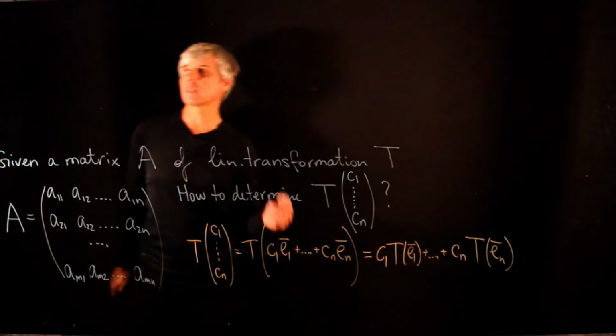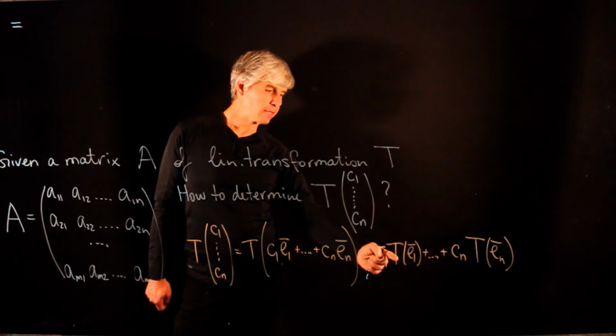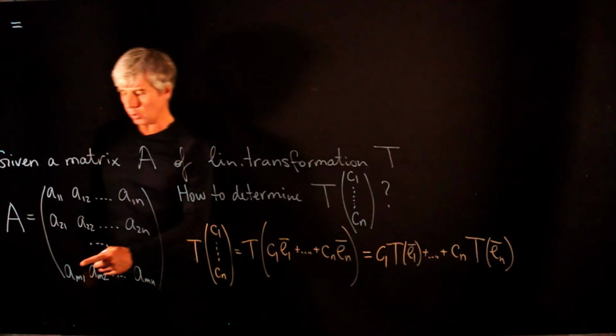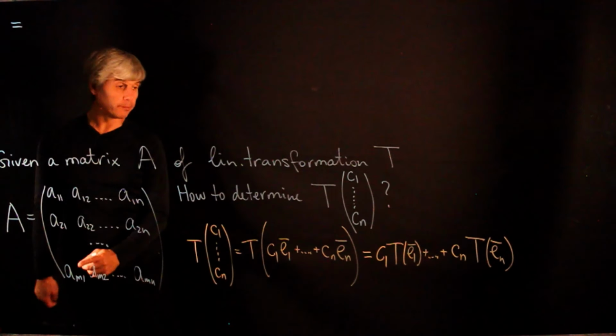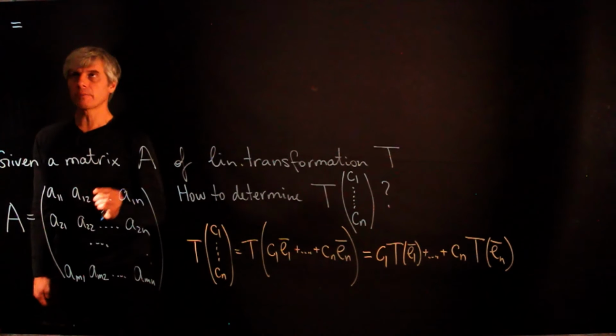Now, how do we calculate this expression? We recall that the image of the first basis vector was encoded in the matrix as the first column. So T(E1) is the first column of this matrix.